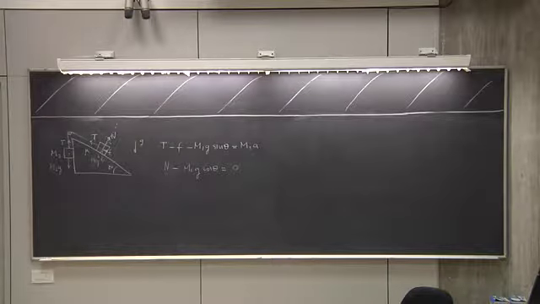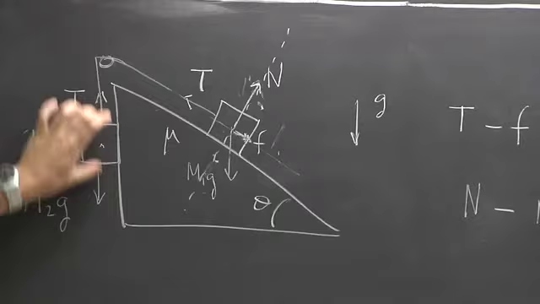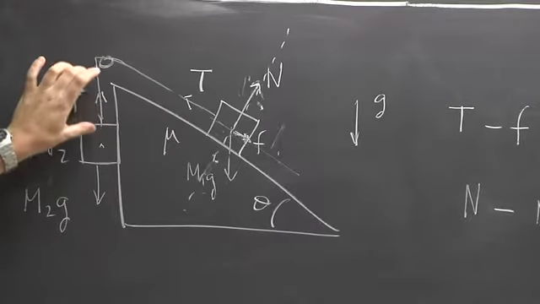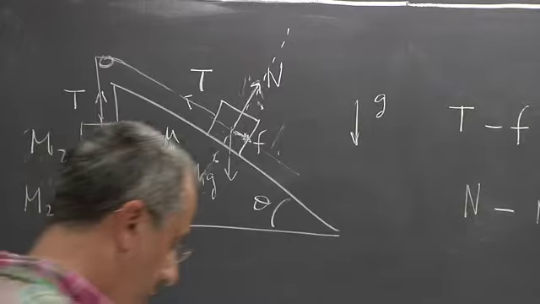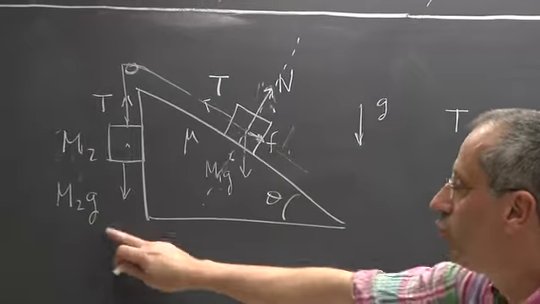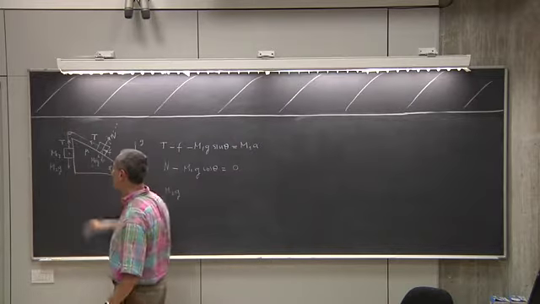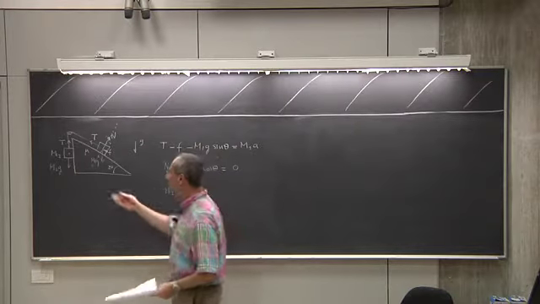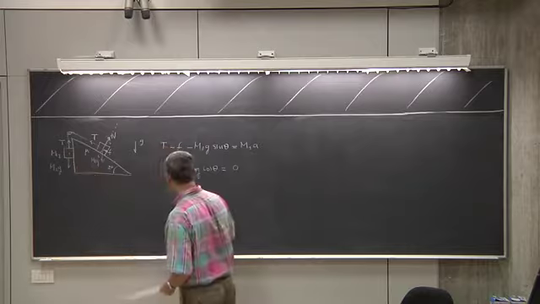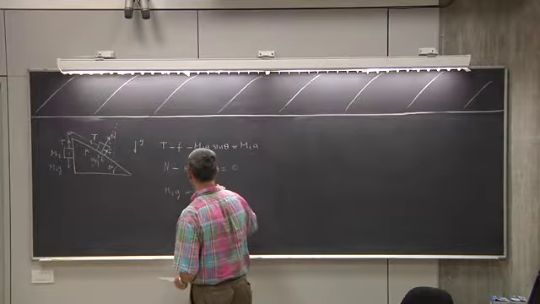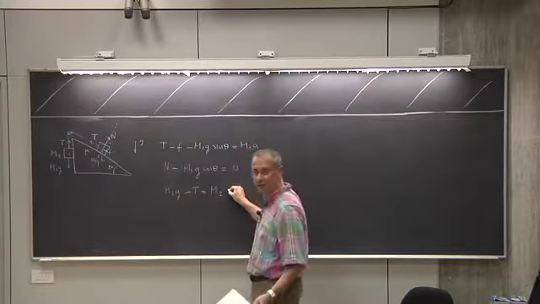But I have a third equation that has to do with this other mass, right? This is moving in this direction here. In fact, it's pulling down. So if I write that, I have m2g, that is the gravitational force acting on this mass, m2, minus whatever the tension is. And this must be equal to m2 times the acceleration.